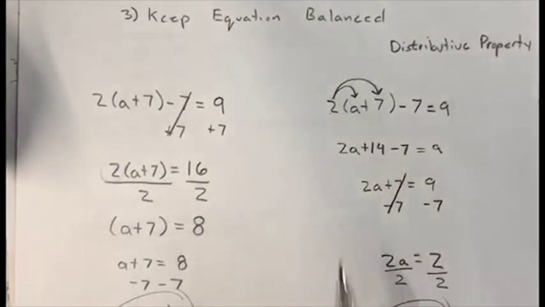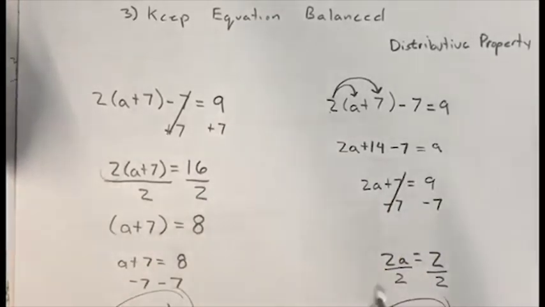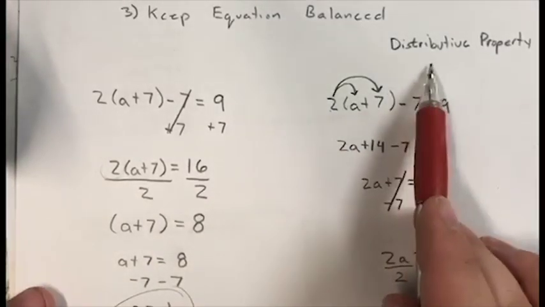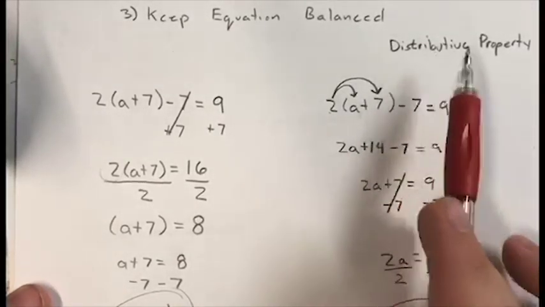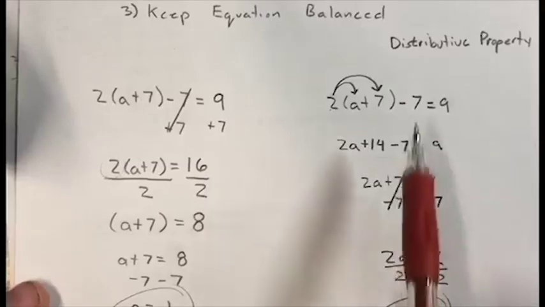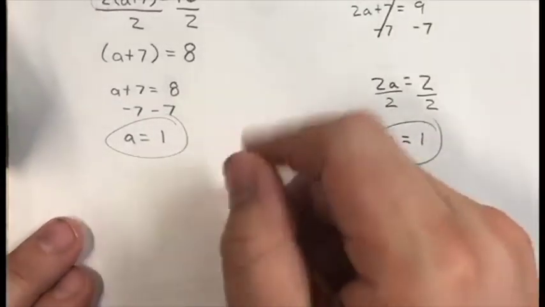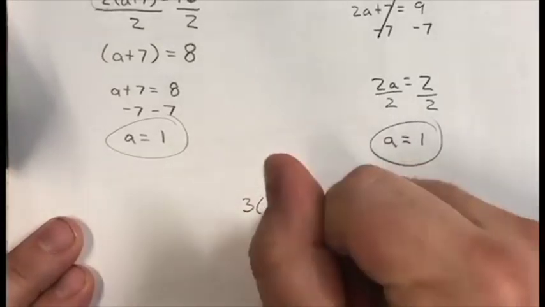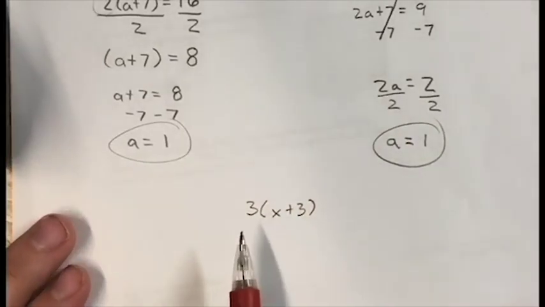Now, here is the thing. Either way will work, but I want you to get into the habit of using the distributive property. This is something that's going to be very, very useful. So let's talk about the distributive property one more time. This is just a little review. You should have seen this before.